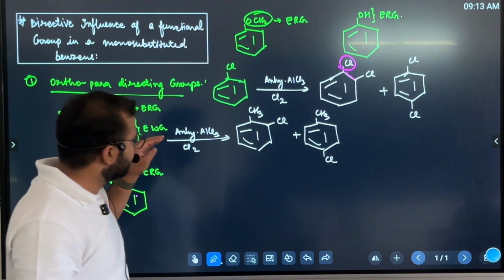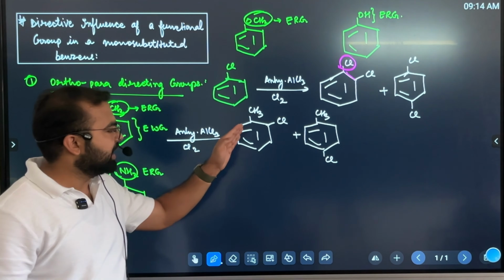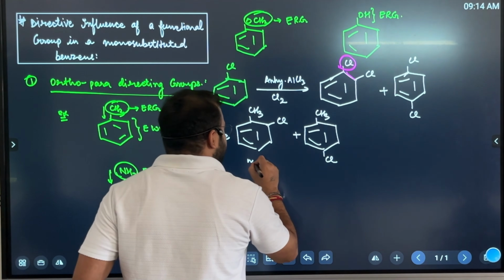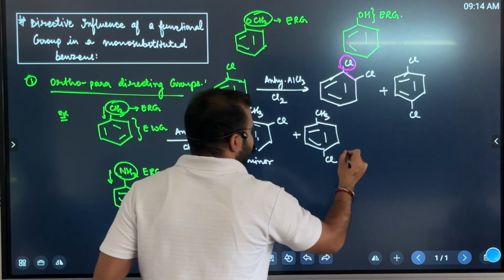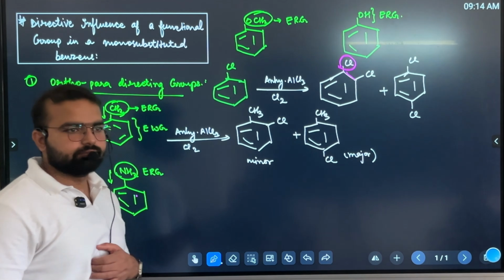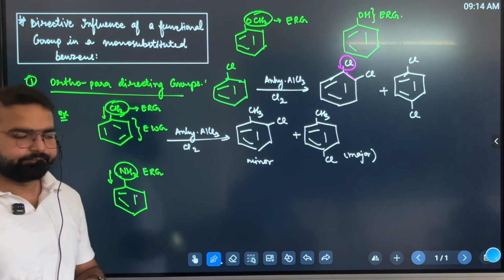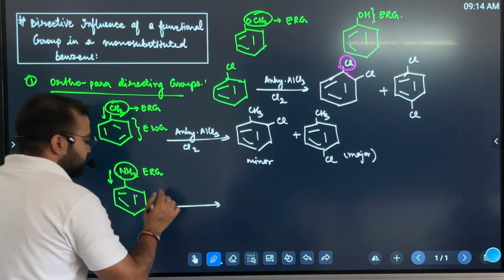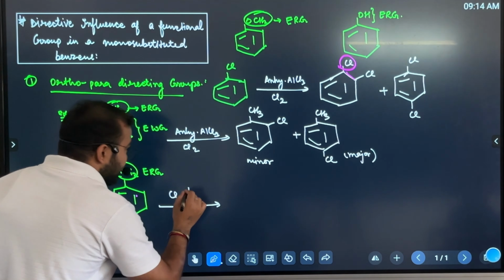So if you pass it, you will have two products. This product will be your minor product and the second one will be your major product. Is this clear? Okay.